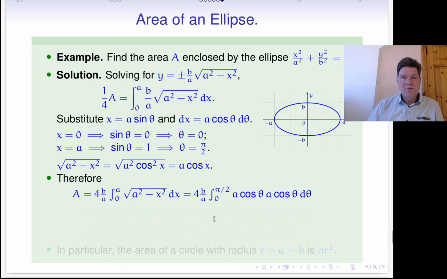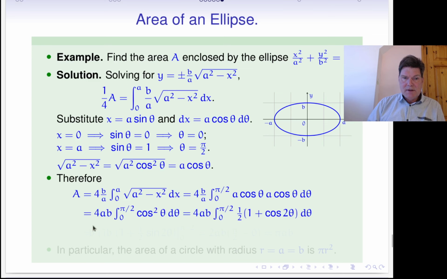Now with the substitution it becomes 4 times b over a, the integral from 0 to pi over 2, times a times cosine theta from here, times dx, which is another a times cosine theta d theta.